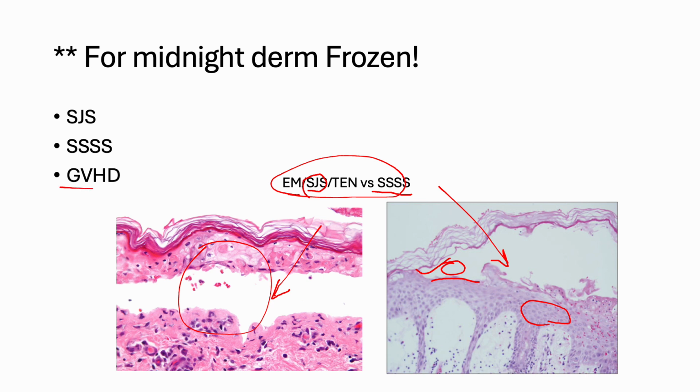Another differential is the GVHD, but I think it's more of a rule out based on the clinical presentation. If the patient just had a bone marrow transplant 100 or less days ago with some GI bleeding, that's probably the GVHD rather than SJS-TEN. So this is the section for midnight frozen.